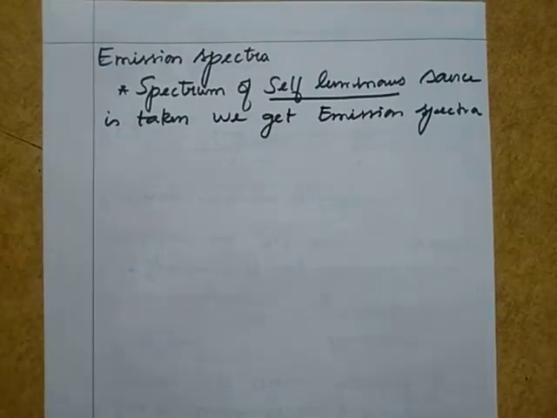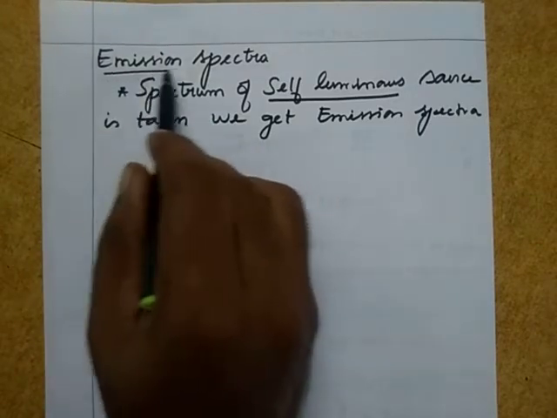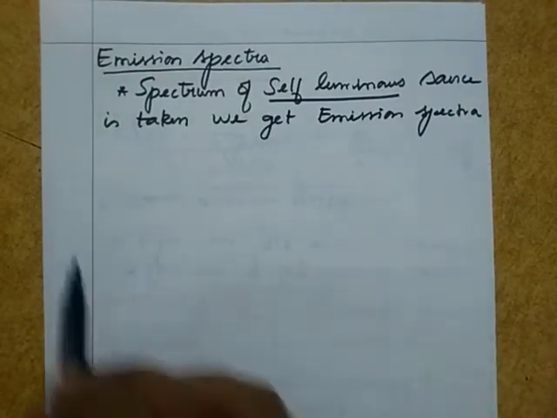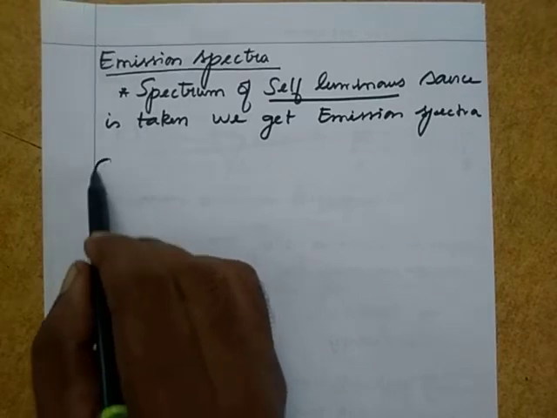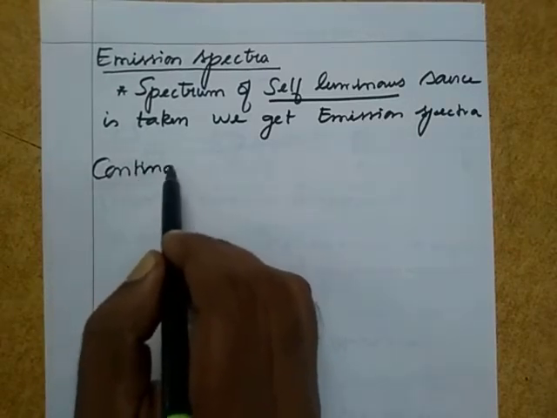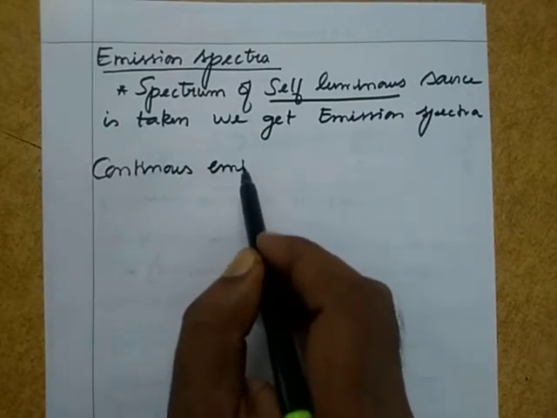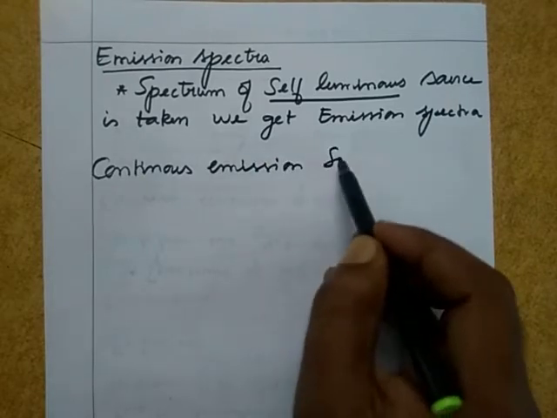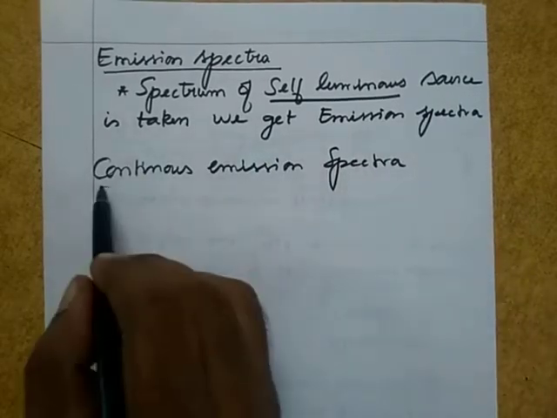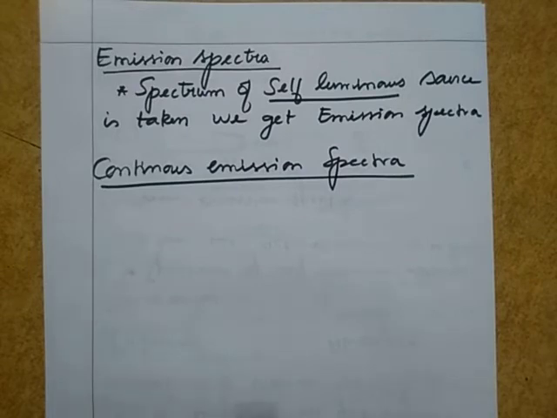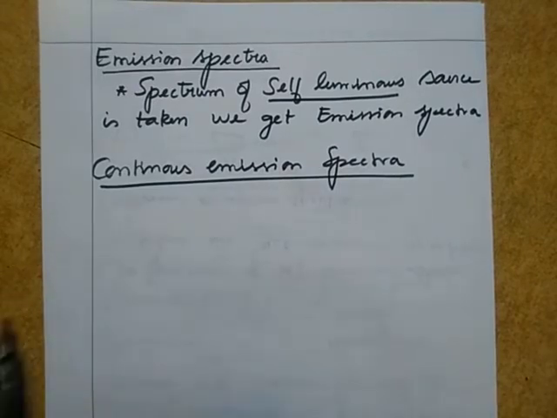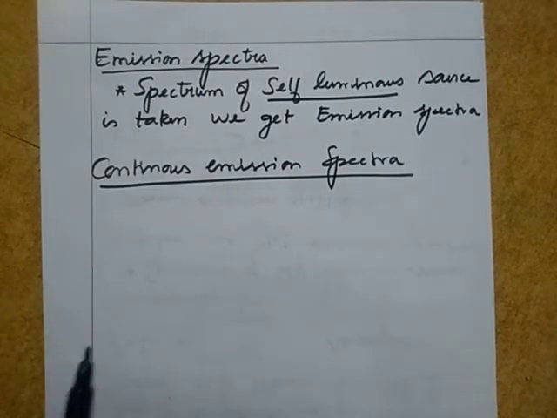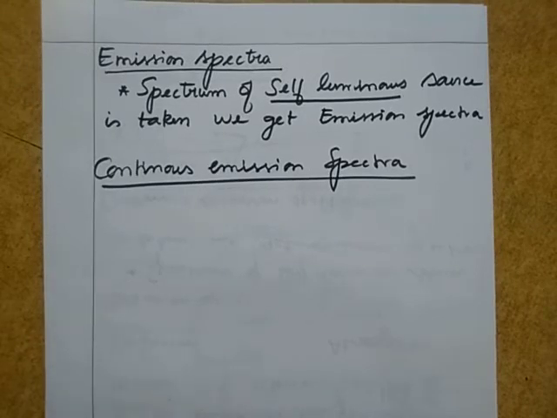Then this emission spectra is subdivided into 3. First one is continuous emission spectra. In continuous emission spectra, consider the light from the incandescent lamp. Incandescent means it will glow when it is heated.